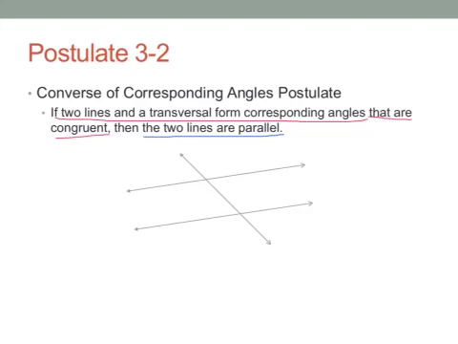Okay, so we have line A here, line B here, and a transversal T, right? We have corresponding angles, maybe we could call them angle 1 and angle 2.